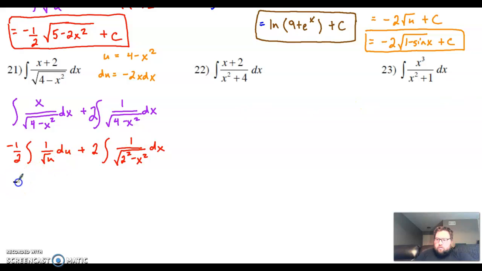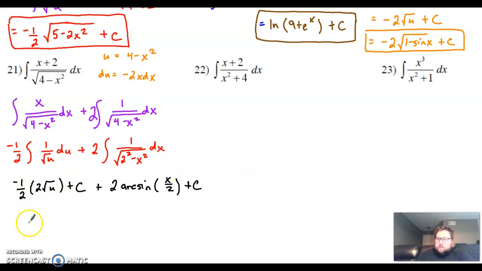So the integral of 1 over the square root of u is 2 square root of u plus c. And then the integral over here will be 2, and this looks like an arcsine of x over 2 plus c.